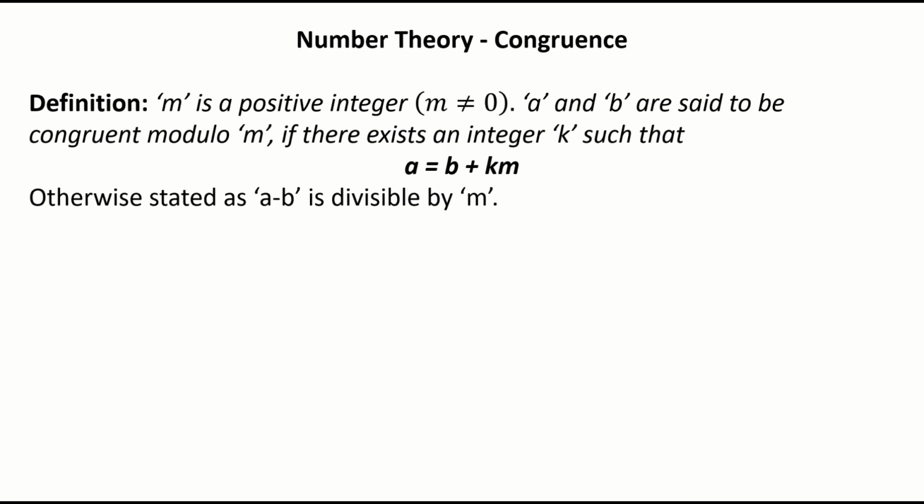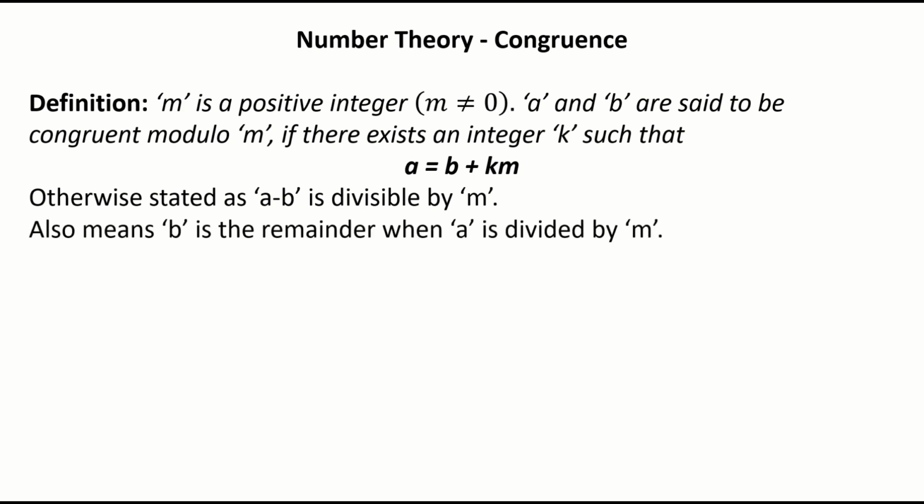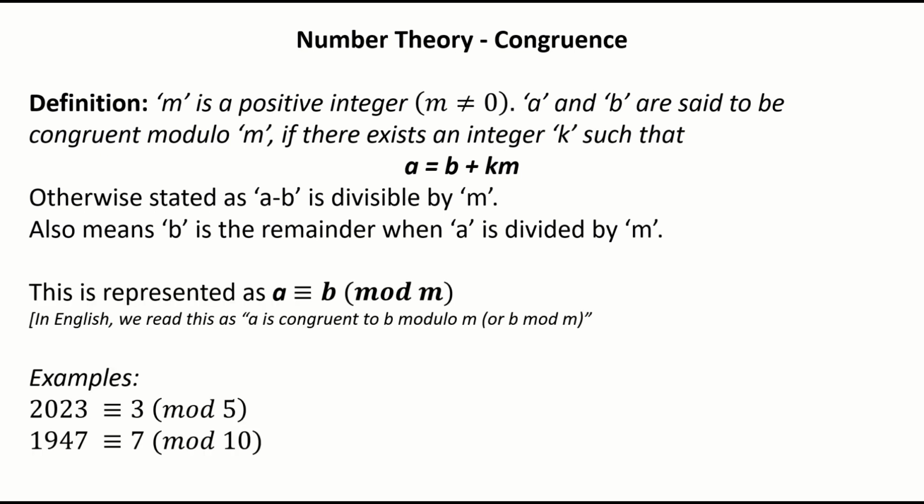Then we can say a and b are congruent modulo m. It also means b is the remainder when a is divided by m. This is represented as a congruent b modulo m, or mod m.